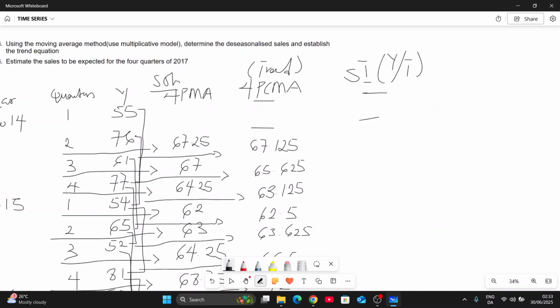So for the first one, you have 61. That's the actual 61 divided by 67.125, which is 0.9088. Next one is 77 divided by 65.625, 1.1733.